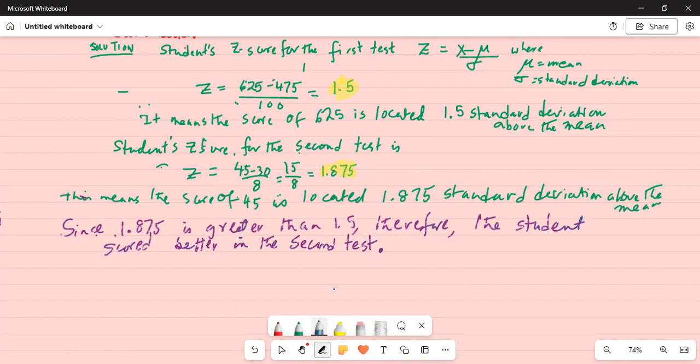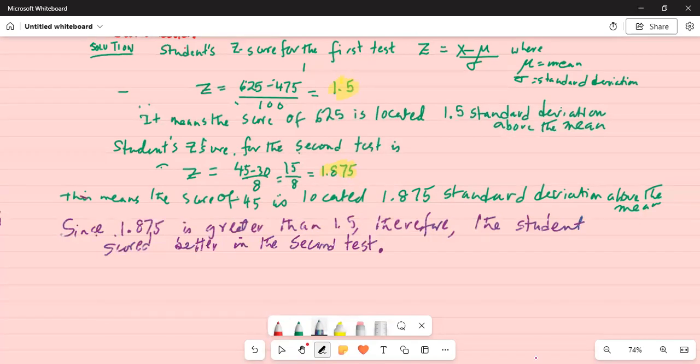Okay. So the important hint or tip I wanted to give you is that Z-score is a measure of how many standard deviation you are above the mean. If the Z-score is positive, like in both of these cases, fine. If the Z-score is negative, that means how many standard deviation you are below the mean.